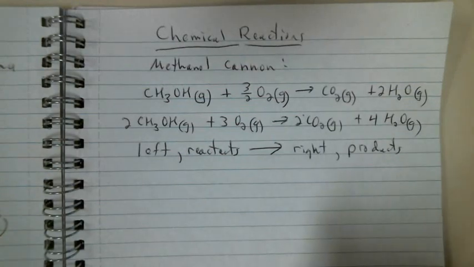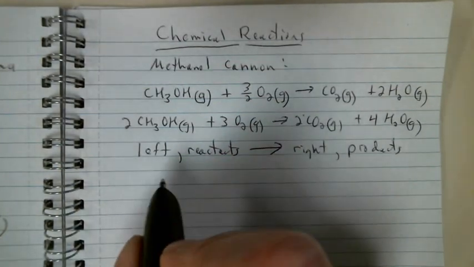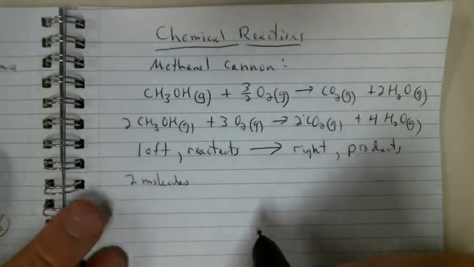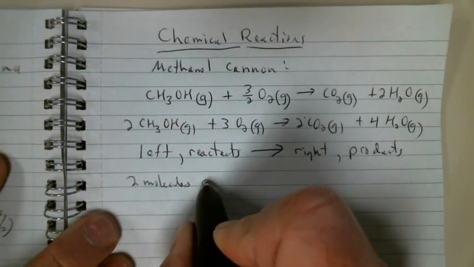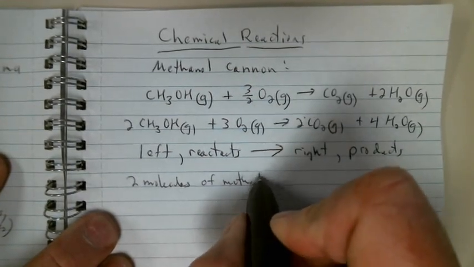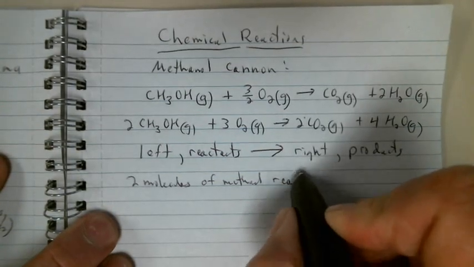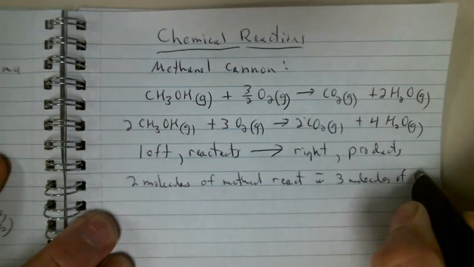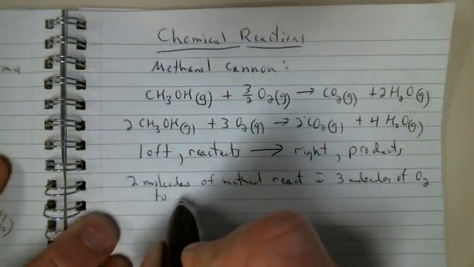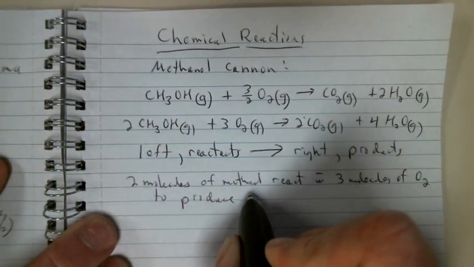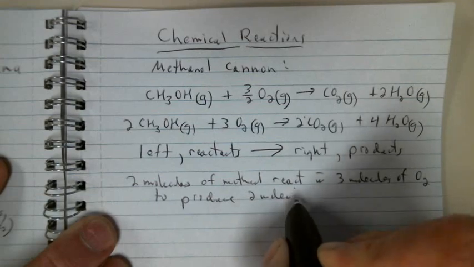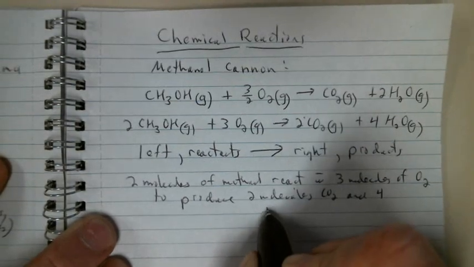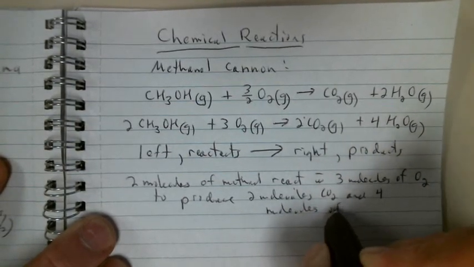But the meaning of the reaction, what this reaction means, is 2 molecules, and I'm going to write it out. I know this is going to be excruciatingly long to do it this way, but 2 molecules of methanol react with 3 molecules of oxygen to produce 2 molecules of CO2 and 4 molecules of water.